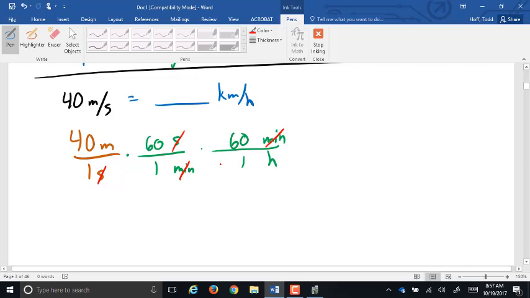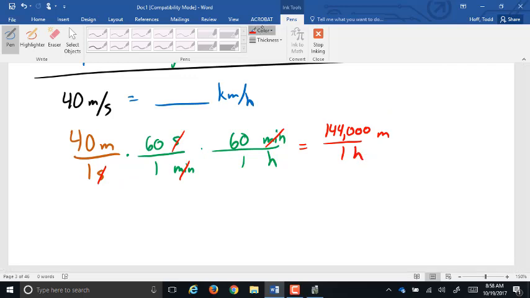You are allowed to combine those equivalencies. We did it a little bit with our capacities yesterday. So this is 40 meters times 60 times 60, which is 144,000 meters over 1 hour.